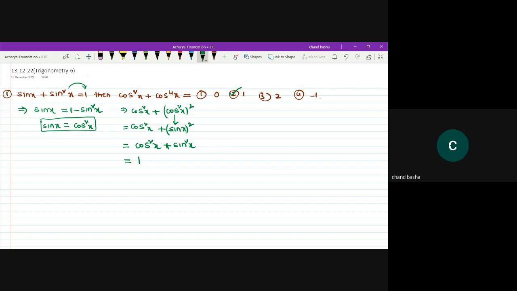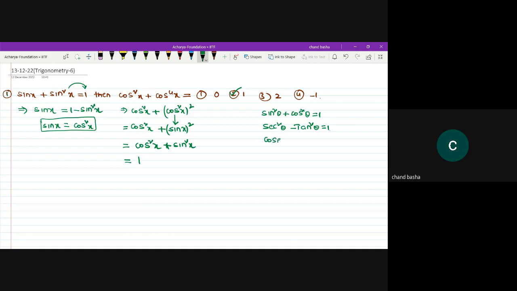And we can make use of the identities that I have given to you. What is the first identity? Sin square theta plus cos square theta is equal to 1. Next, sec square theta minus tan square theta is equal to 1. From the first one you can get 2 more reductions.